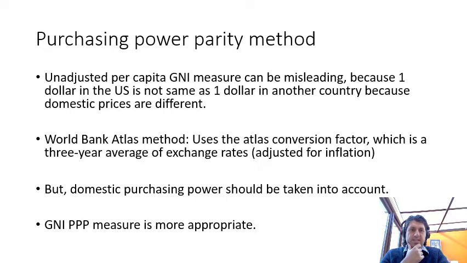The idea is that you need to adjust prices and basically adjust incomes according to what that income will buy you. So gross national income using the purchasing power parity method is more appropriate because it is essentially like comparing apples with apples, right? It's not about currency, but about what that currency will buy.